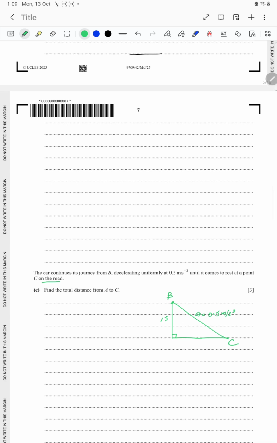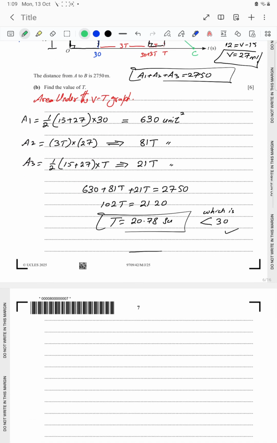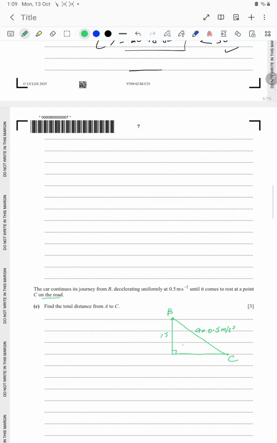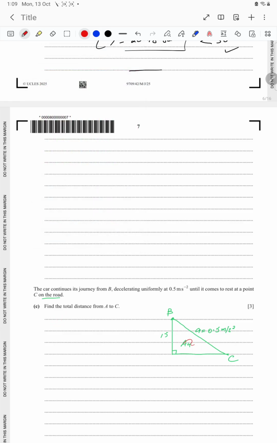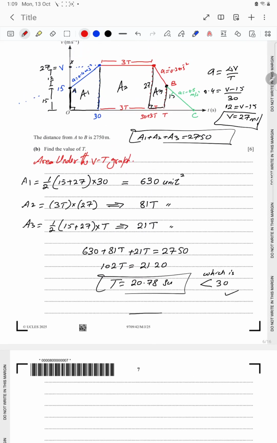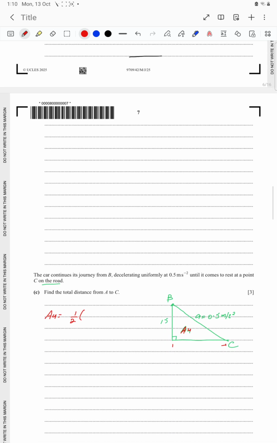In part B we have calculated the distance from A to B. Now for C we need to add this distance as well. So the area under this graph, suppose this is A4, will be a right angle triangle, half base times height. What is the base here? We need to find this time.